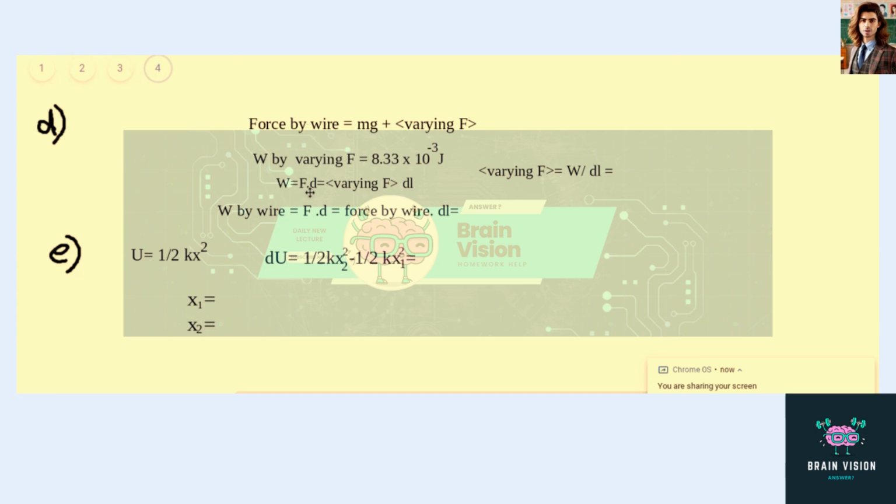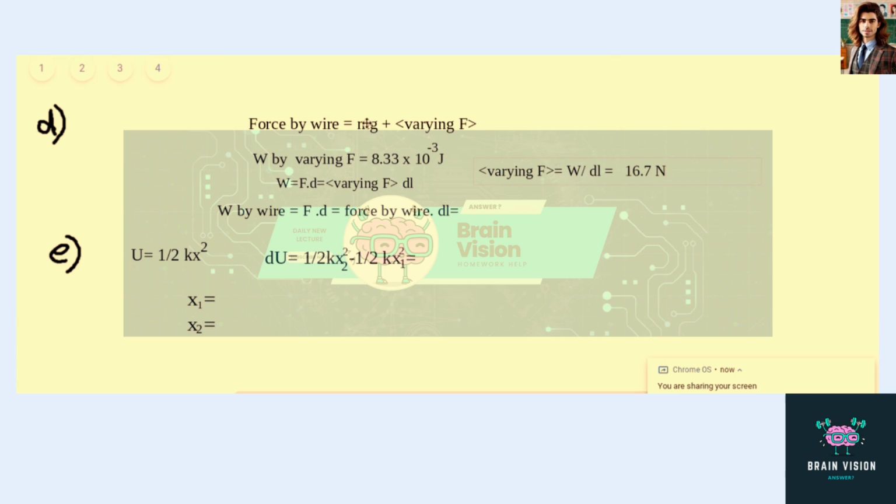Here, if we take the average value of the varying force, then we can say the varying force is equal to W over dl from this equation. We basically use the work done by varying force which we calculated from part C, and dl is already given, and we found the average value of the varying force to be 16.7 Newton.